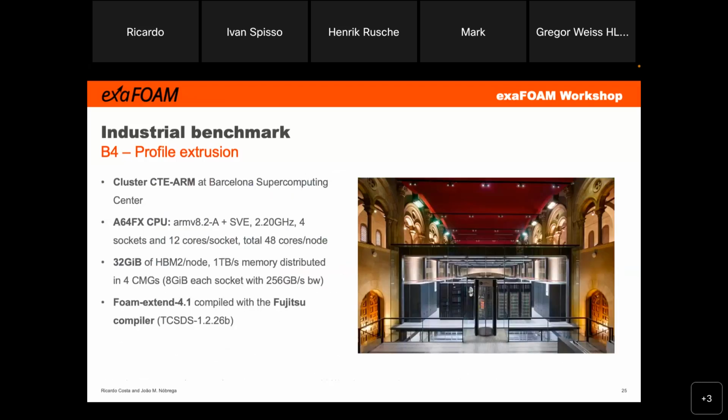Okay. Although we haven't focused so far on the computational aspects because we have been trying to solve all these numerical issues, I just want to mention that I have performed these simulations in the ARM cluster from BSC, and it has been a very useful experience to gain sensitivity and useful insights, because one of the goals of the project is also to test the performance of OpenFOAM in different architectures, including ARM.